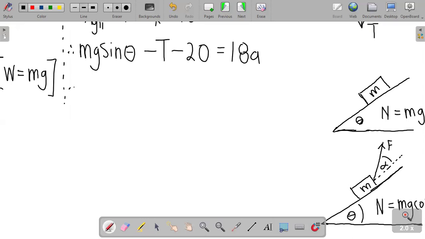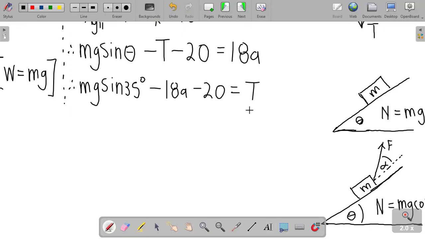So then it's going to be, therefore, mg sine 35 degrees minus 18A minus 20 equals T. So the T comes to the right side of the equation and the 18A comes to the left. So then from there, we can substitute here.